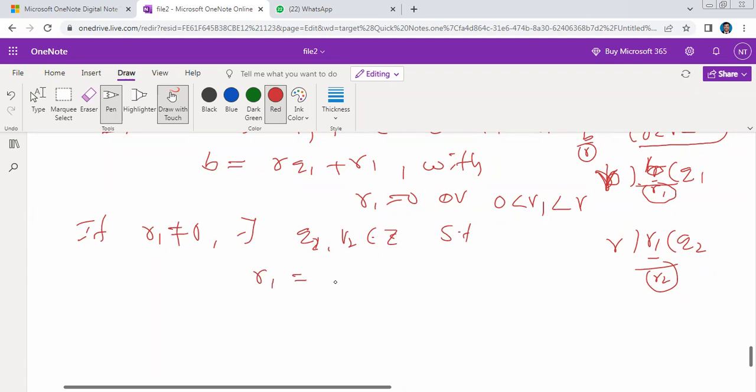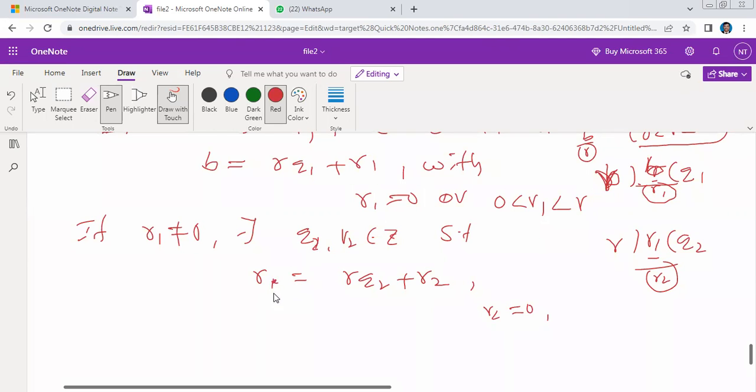r is equal to r1 q2 plus r2, with either r2 equal to 0 or not. Correction: r1 is the previous one, yes, you are correct.